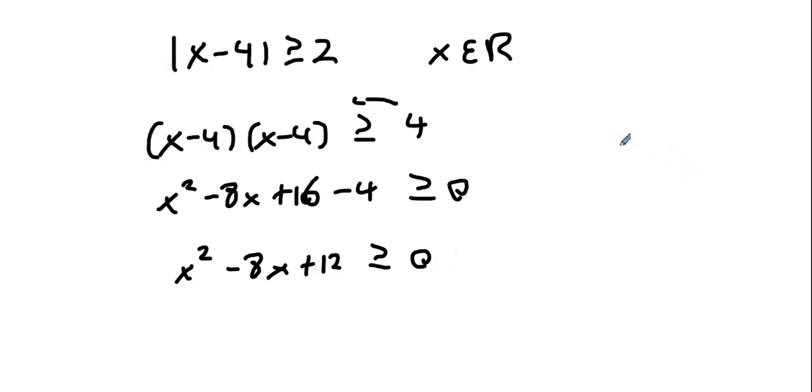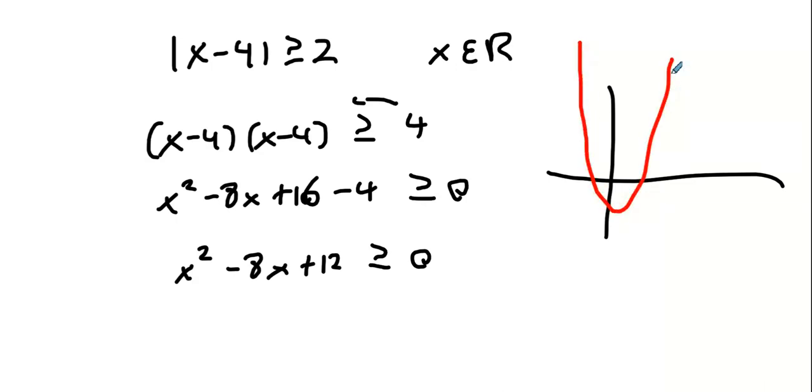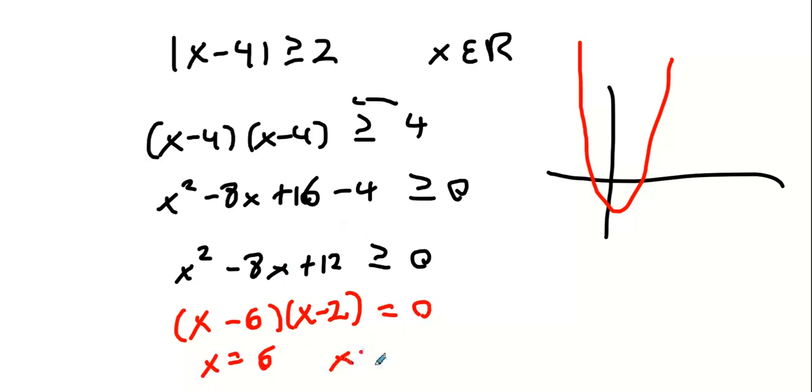What type of graph is this? It's a U-shape. And I have to figure out where it crosses the axis. So what are my two values when I solve it? 6 and 2, yeah? Okay. x equals 6 and x equals 2.